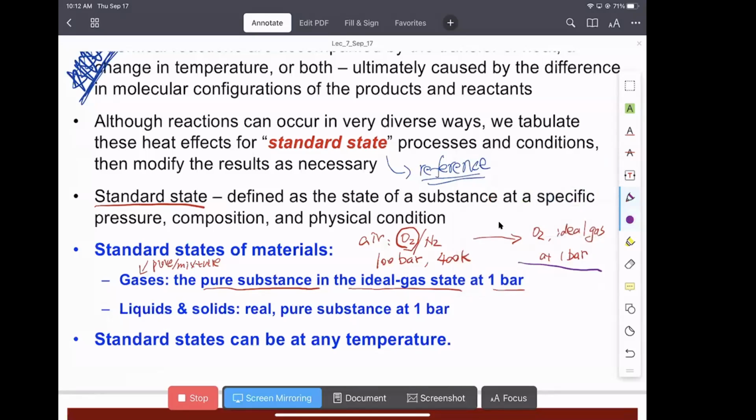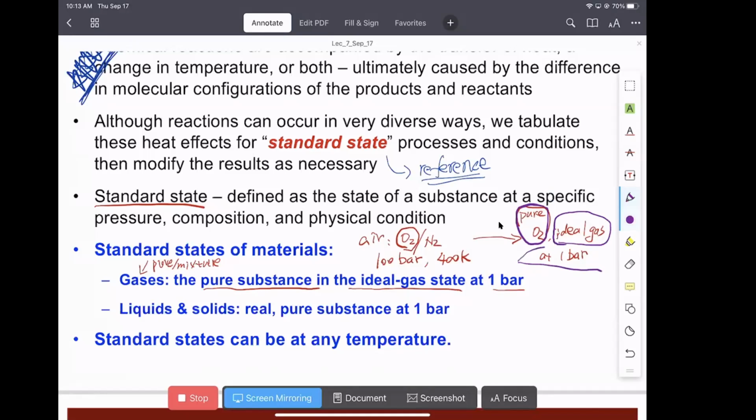So that is one example. Whenever you try to look at the oxygen, you need to consider the pure oxygen substance, and we need to treat this as ideal gas at 1 bar. So you can see that we need to have 3 keywords. One is we need to look at the pure substance. We need to assume the ideal gas behavior.